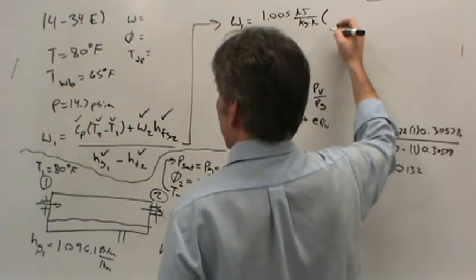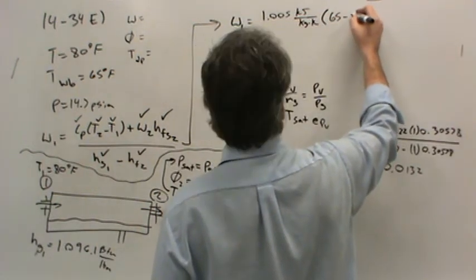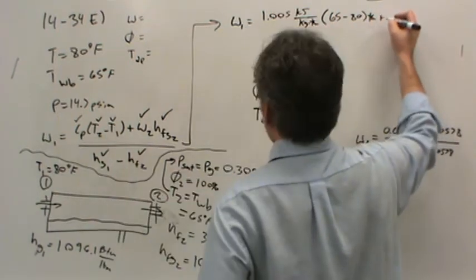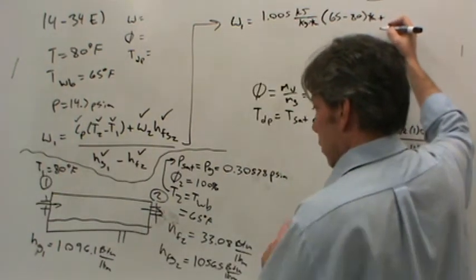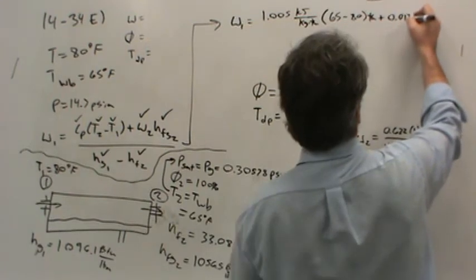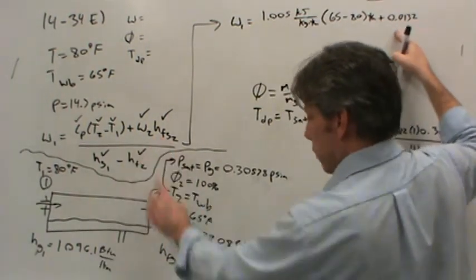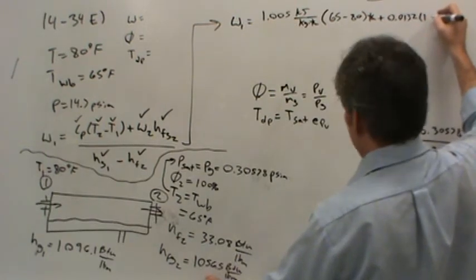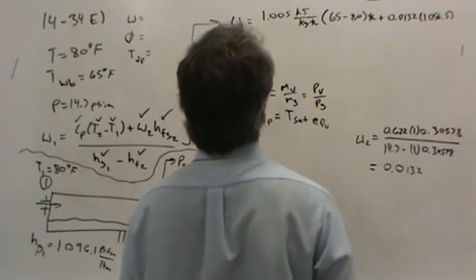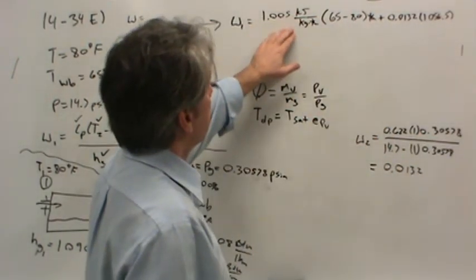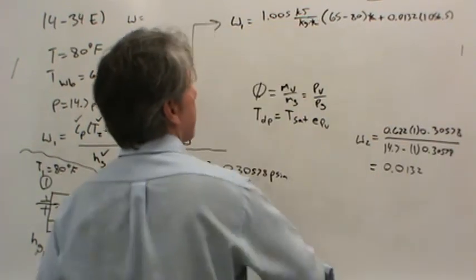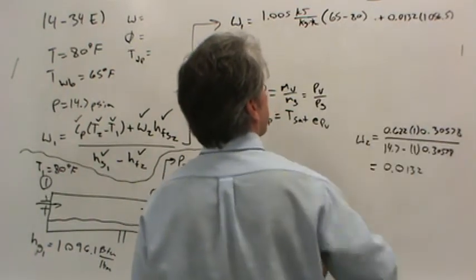So that would be 65 minus 80, and Kelvin is fine, the difference is the same as in Celsius, plus the absolute humidity at state 2, 0.0132, times HFG at 2, which is 1056.5. You know what? This isn't going to work, is it? I'm trying to do it again. I need the heat capacity of air in English units, not metric. This is not Kelvin, this is degrees Fahrenheit.